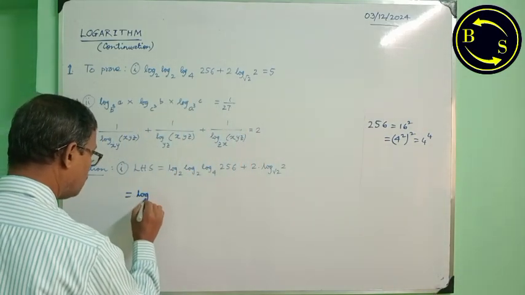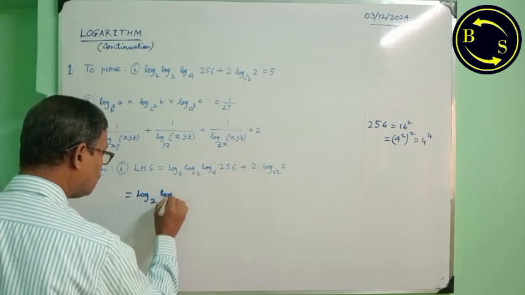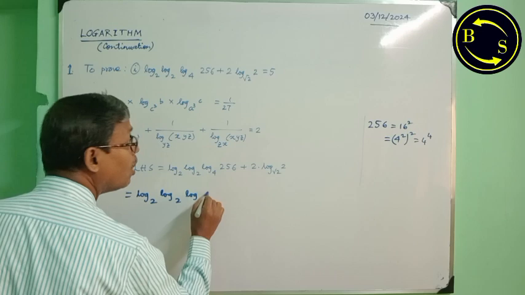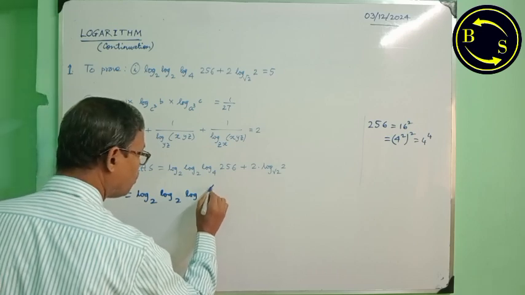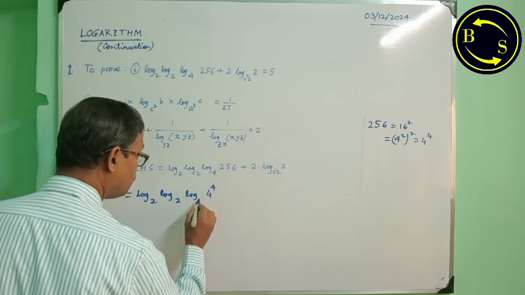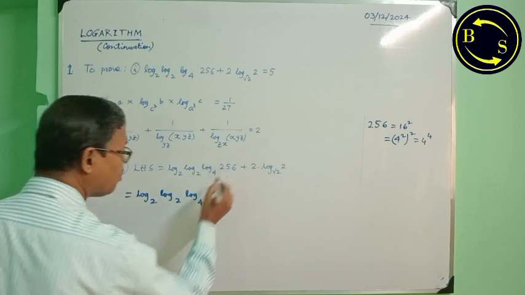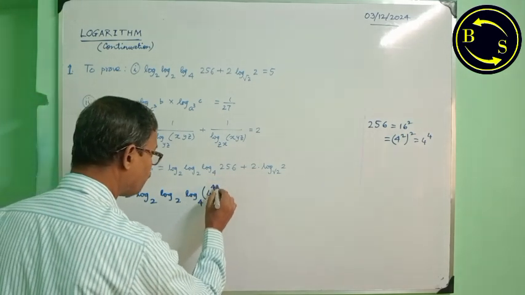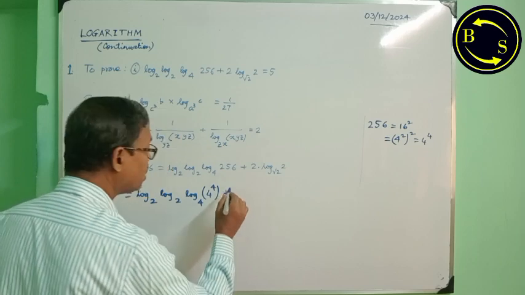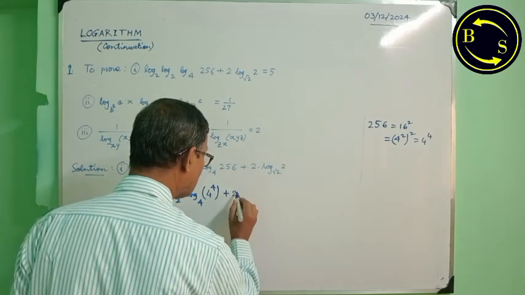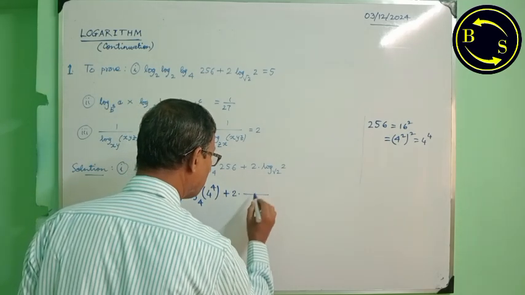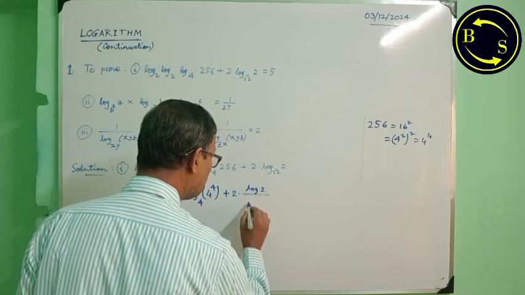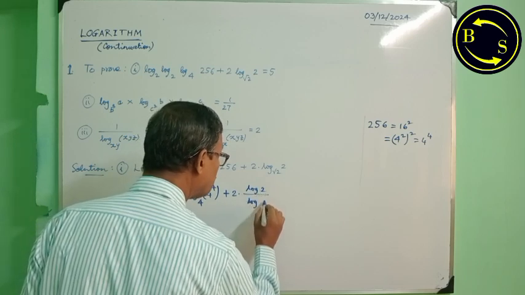Log base 2 of 4 to the power 4 to the base 4. In place of 256, I have written 4 to the power 4 plus, here I apply base changing formula like this: numerator log 2, denominator log of root 2.